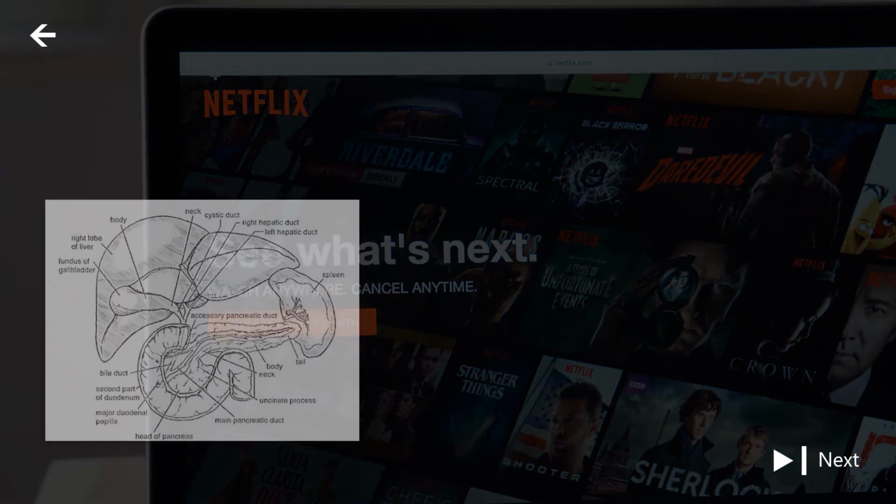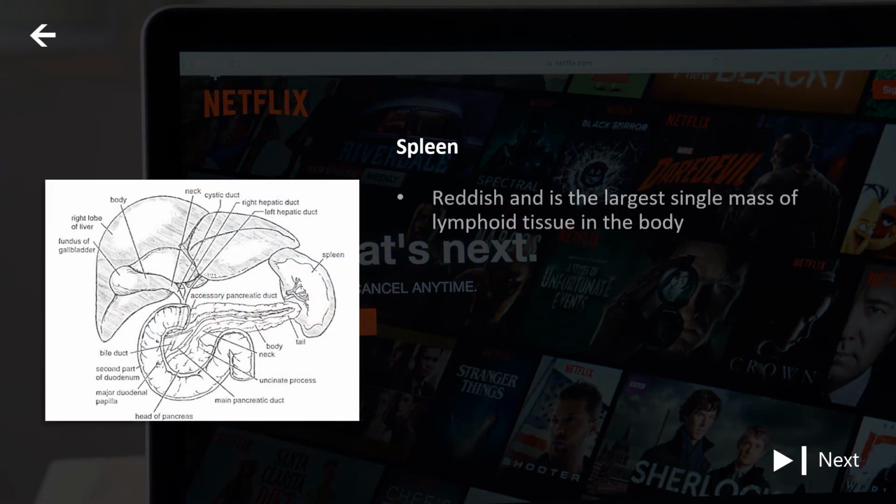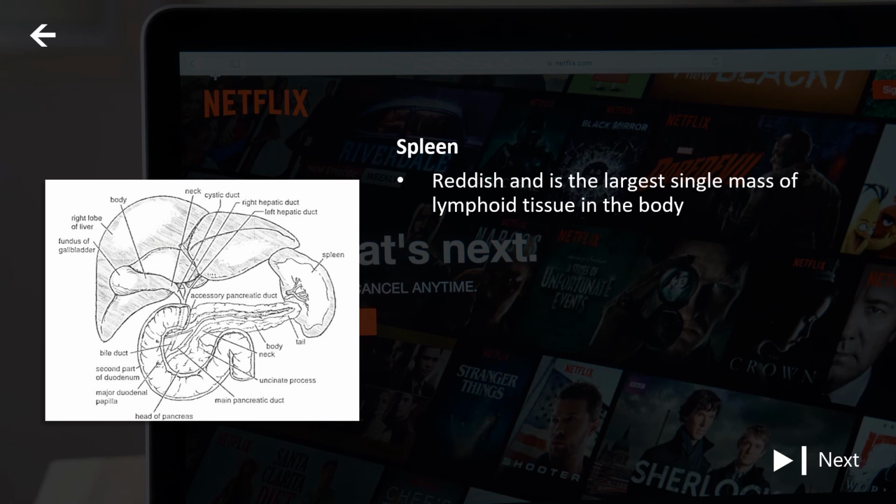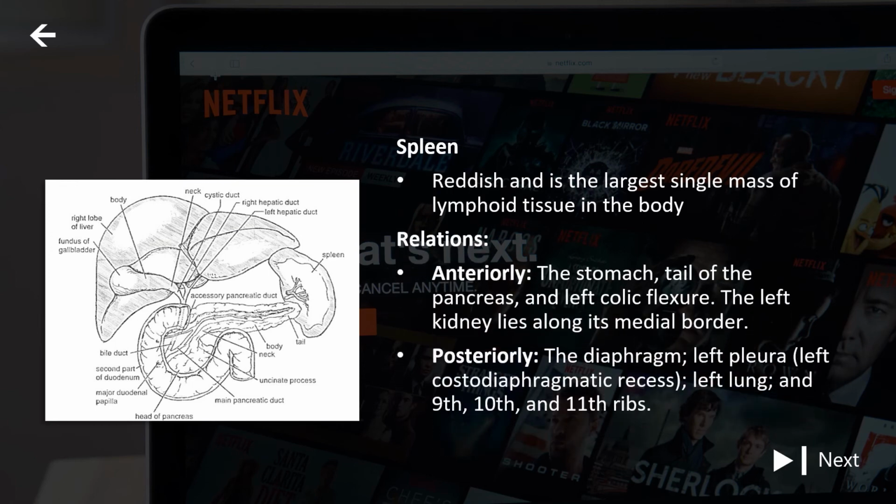So the spleen is reddish and is the largest single mass of lymphoid tissue in the body. It is oval in shape and has a notched anterior border. It lies just beneath the left half of the diaphragm, close to the 9th, 10th, and 11th ribs. And here's the relation of the spleen anteriorly and posteriorly.